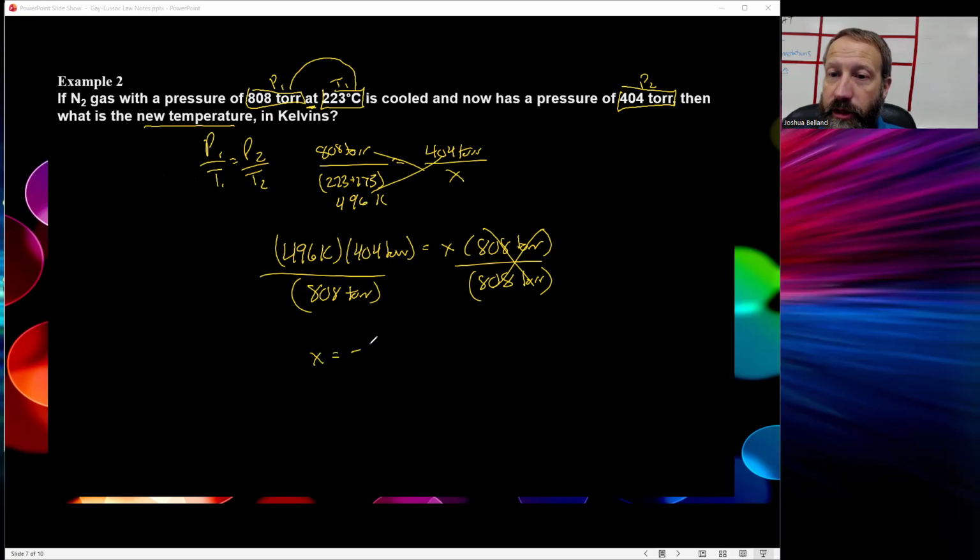So X, which is temperature 2. And check out the labels, okay? Pressures cancel, so that gives me kelvins. That's really good. I want kelvins because I'm looking for a temperature. We've got 496 times 4044 divided by 8084, and coming in temperature Kelvin, 248 kelvins is what I get there.